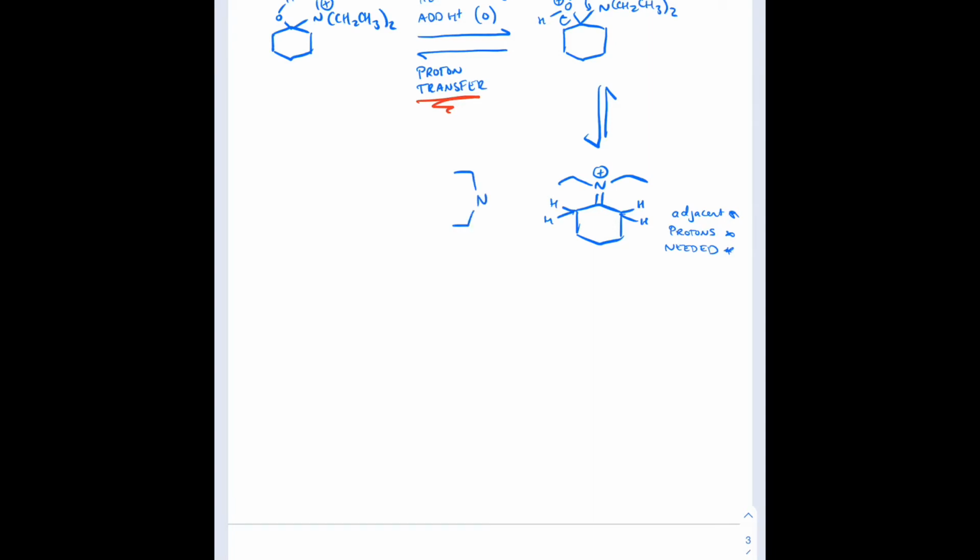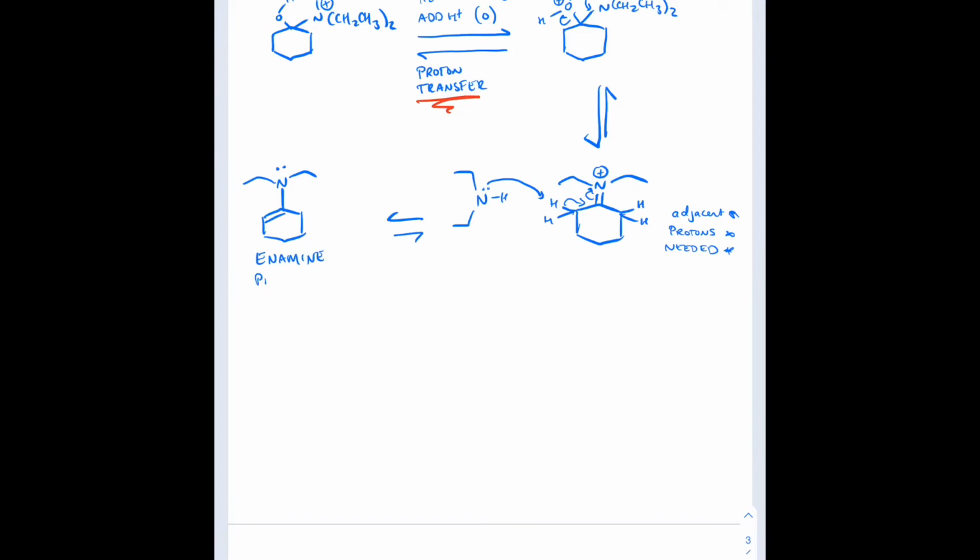If we were to remove one of those protons with, let's say, an amine, we could create a carbon-carbon double bond. This is similar to carbonyl resonances, right? And so that carbon-carbon double bond forms, kicking up the pi electrons to the nitrogen, thus neutralizing it. And what this results in is our desired enamine product.